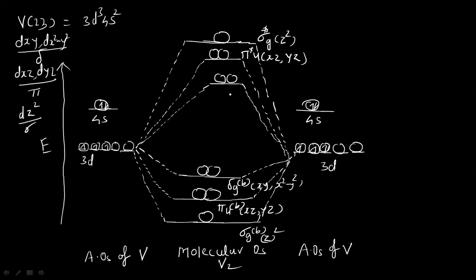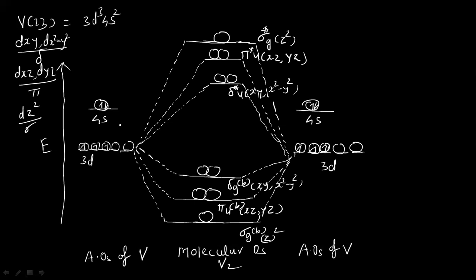So this is the delta star antibonding molecular orbital, it is u, delta star u, from the dxy and dx square minus y square orbitals. One bonding, one antibonding is formed here.